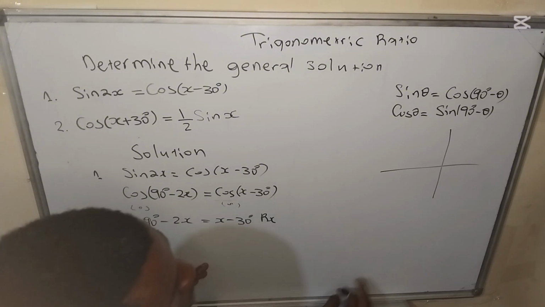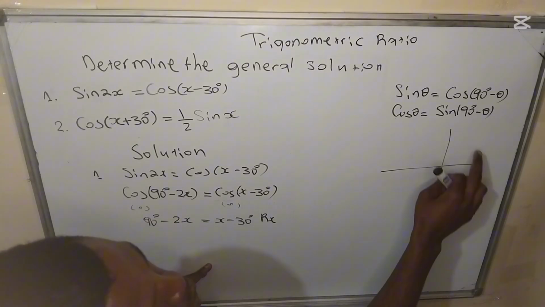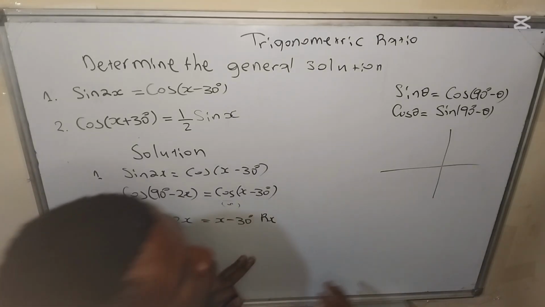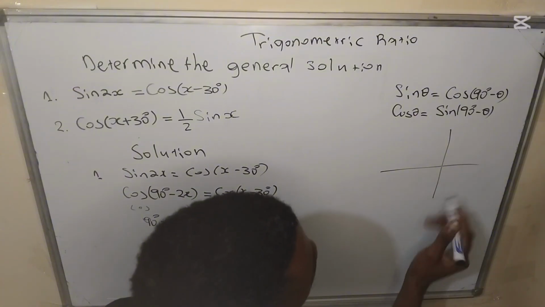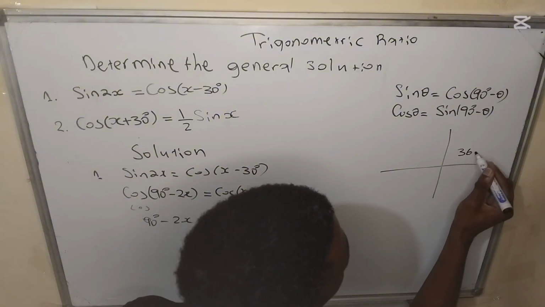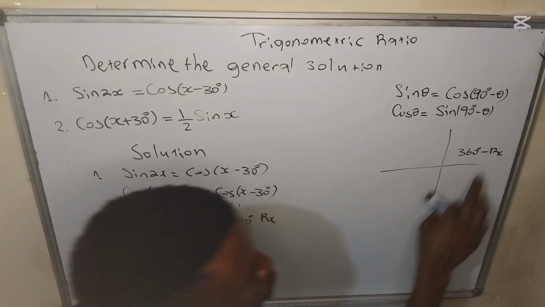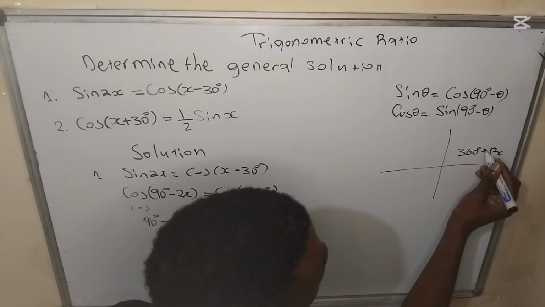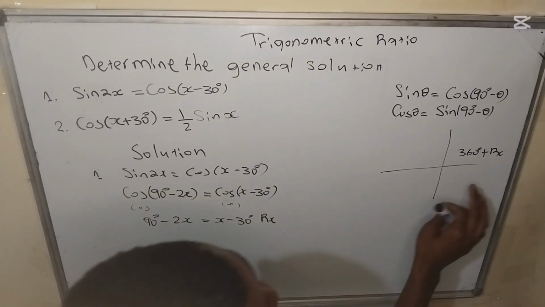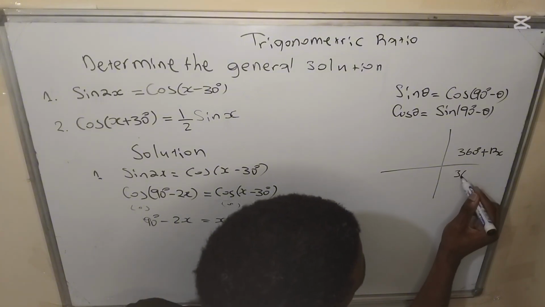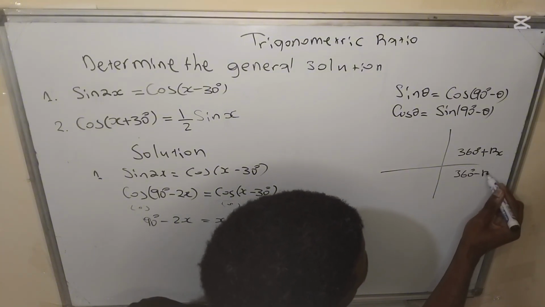Cos is positive in the fourth quadrant and also in the first quadrant. So let's use the reduction formulas. In the first quadrant we have 360 degrees plus the reference angle. Is it plus or minus? It's plus, the reference angle, not minus. But in the fourth quadrant we have 360 degrees minus the reference angle.